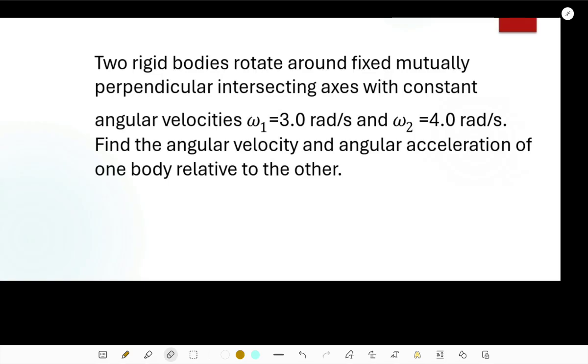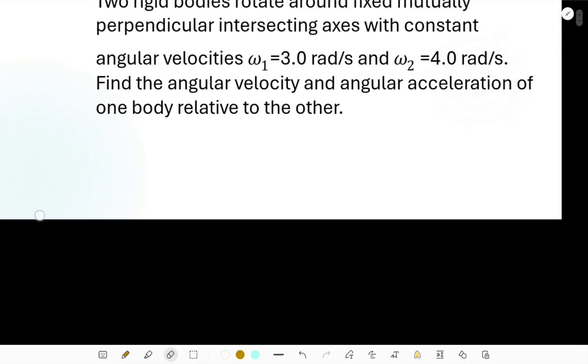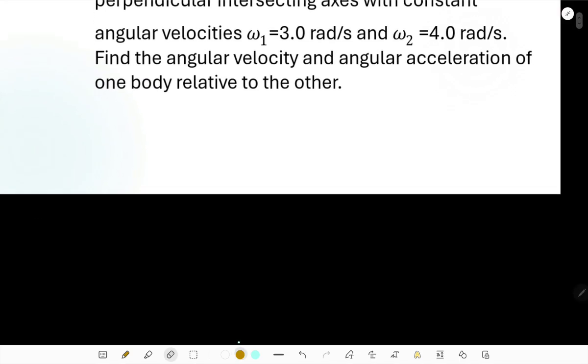Find the angular velocity and angular acceleration of one body relative to the other. Relative angular velocity and angular acceleration.